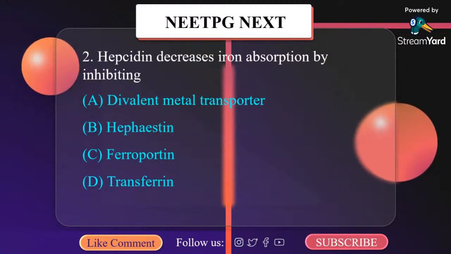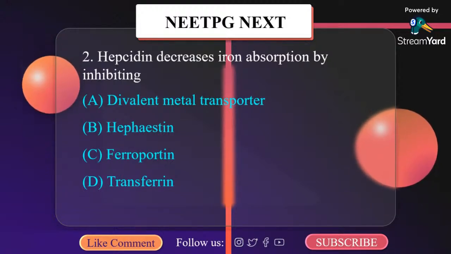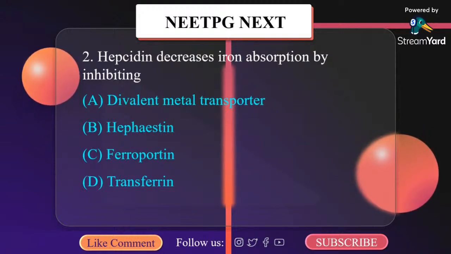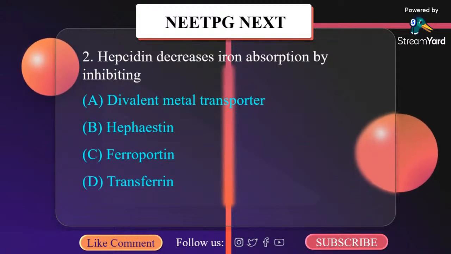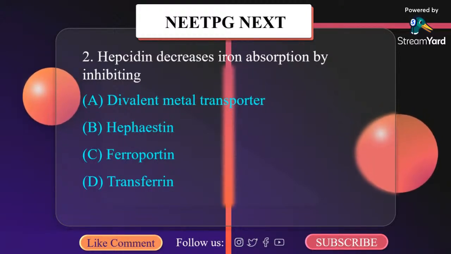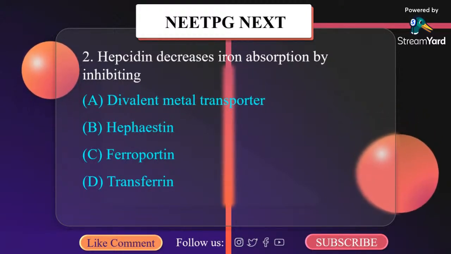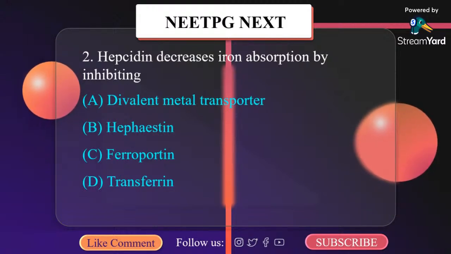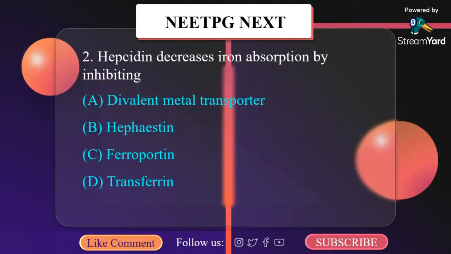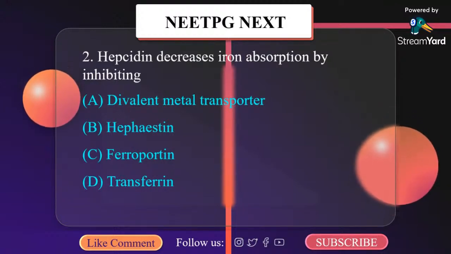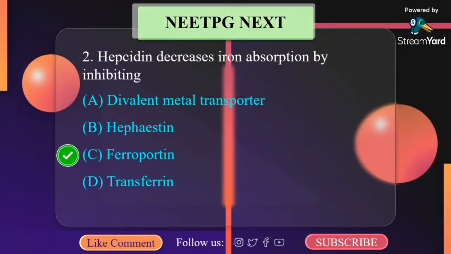So increased hepcidin activity is responsible for reduced iron availability. Increased hepcidin will lead to anemia. Decreased hepcidin will lead to iron overload. Hepcidin synthesis and secretion by the liver is controlled by iron stores within the macrophages. So the correct answer here is ferroportin.